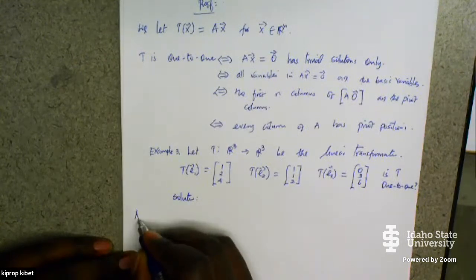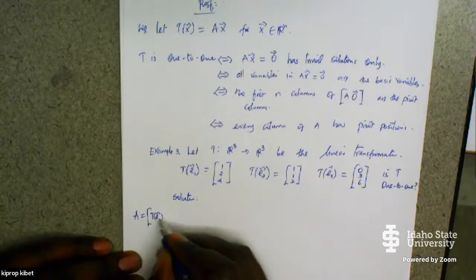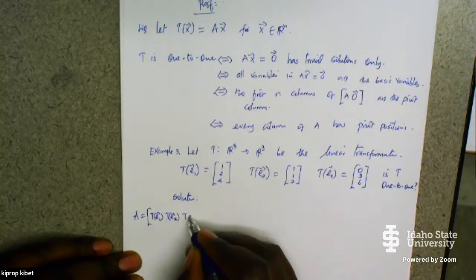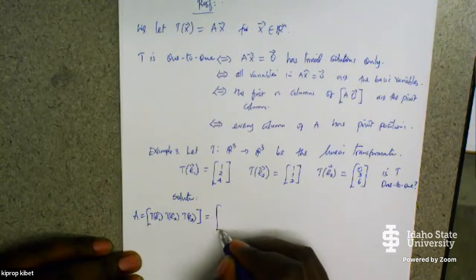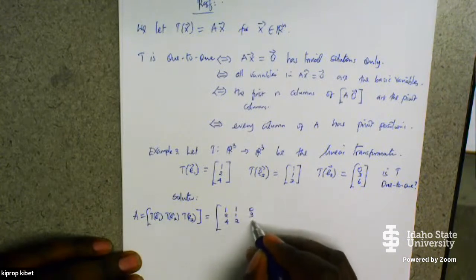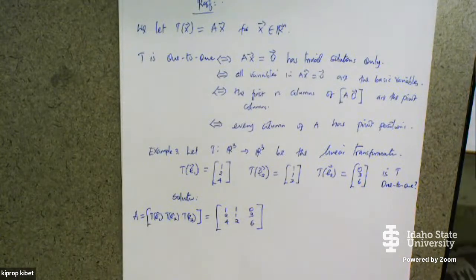So the standard matrix is A equals T of E1, T of E2, and then T of E3, which is 1, 2, 4, 1, 1, 2, 0, 3, and 6. So that is our standard matrix.